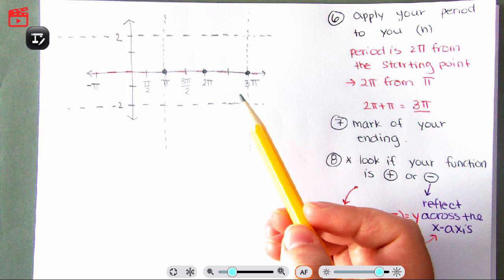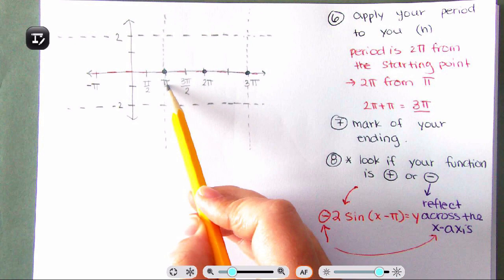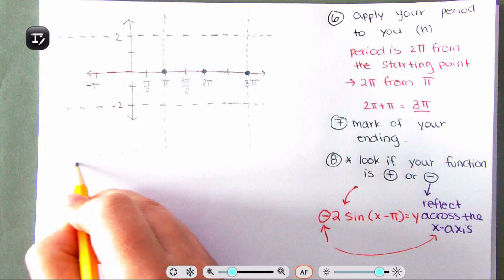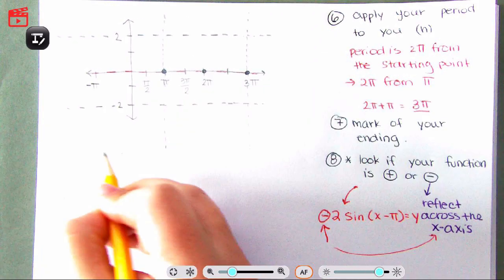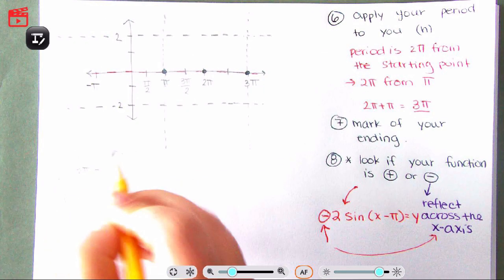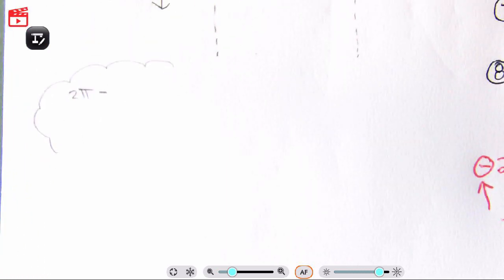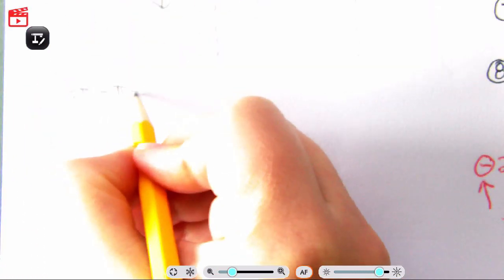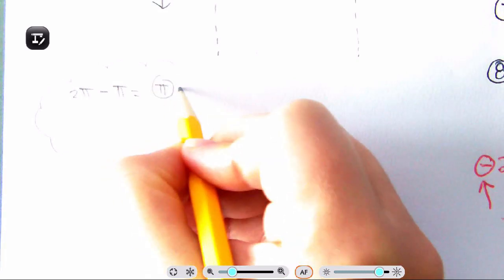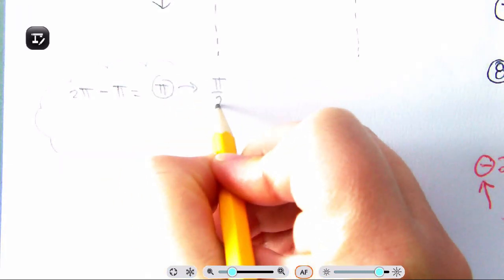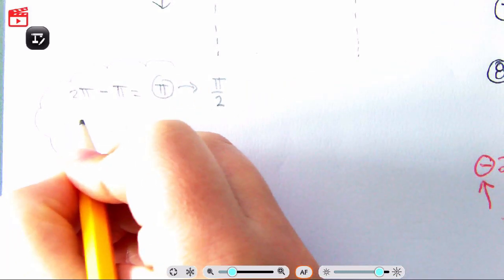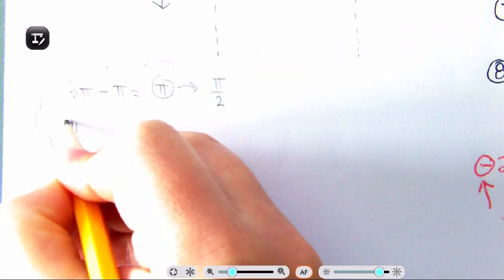So I have pi halves, and I'm going to add it to this value. So what I did here, take your 2 points, so 2 pi minus pi, that is pi. Take that and divide it by 2, and then add it to the smaller one.